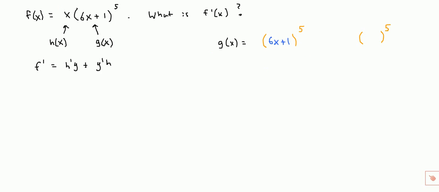Okay, so g prime of x, it's going to be the derivative of the outside times the derivative of the inside. So what's the derivative of the outside? The derivative of something to the fifth, that's going to be 5 times whatever's in there to the fourth, right? That's just the power rule. And we know that the inside is 6x plus 1.